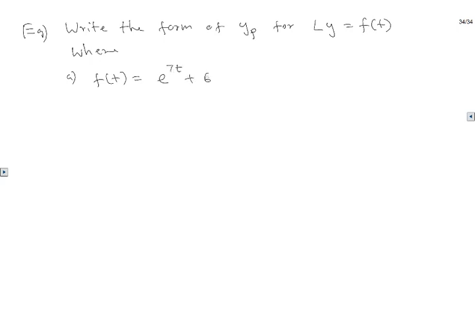We assume that 7 is not a root of the characteristic equation. Okay? So it's a general case.